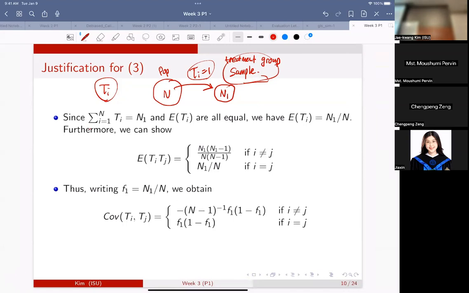But we already know the variance-covariance structure of this Ti, because it's essentially simple random sampling. So the simple random sampling design, we know. The only difference is that in our context, the sample size, capital N1, is N.